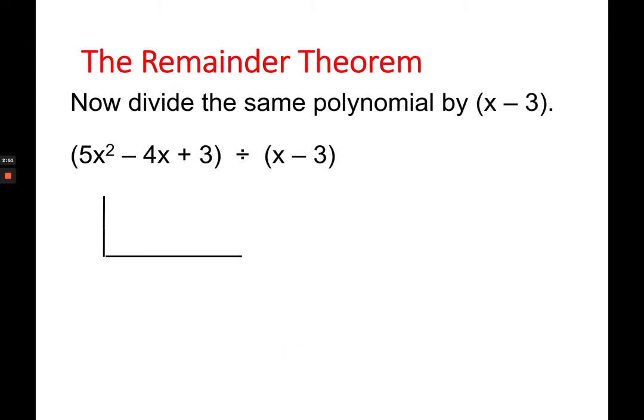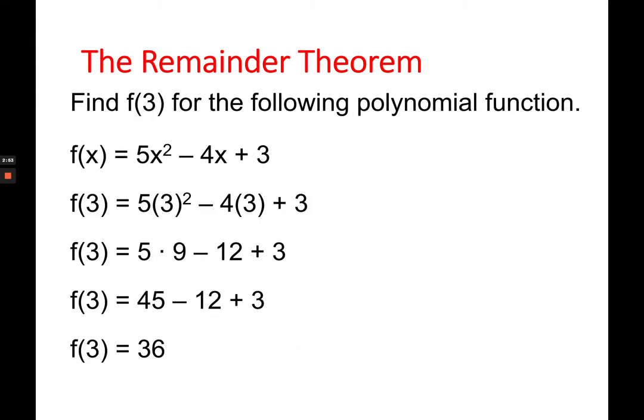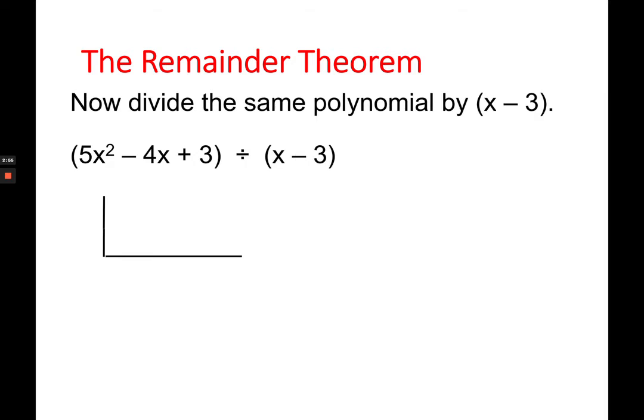Let's say you have the same 5x squared minus 4x plus 3, but this time we will perform a synthetic division. And remember, in your synthetic division, your constant changes sign when you write it on the left side. Your coefficients are 5, negative 4, and then 3, and then start your cycle of synthetic division.